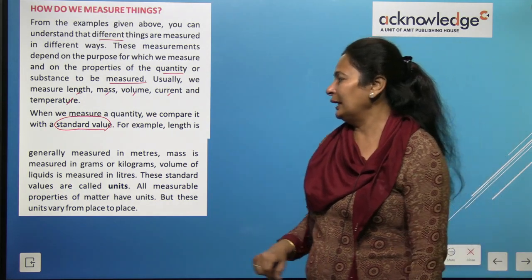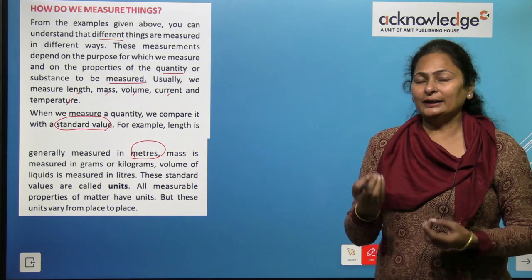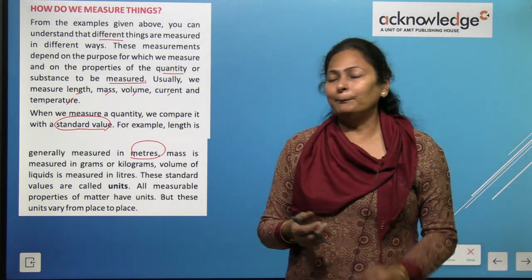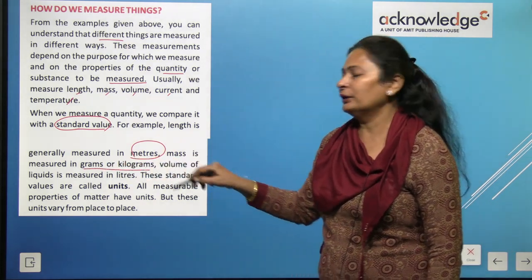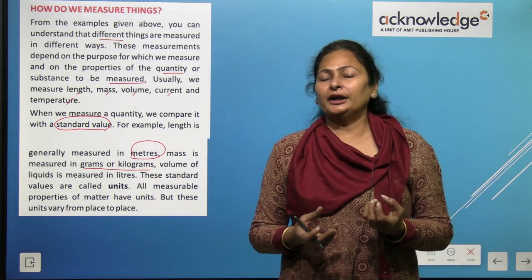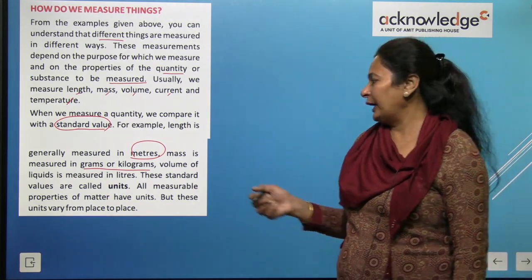For example, the length is generally measured in meters. What is the standard unit of measuring the length? It is meters. Mass is measured in grams or kilograms. Mass means weight. How do we measure the weight? It is in grams and kilograms.